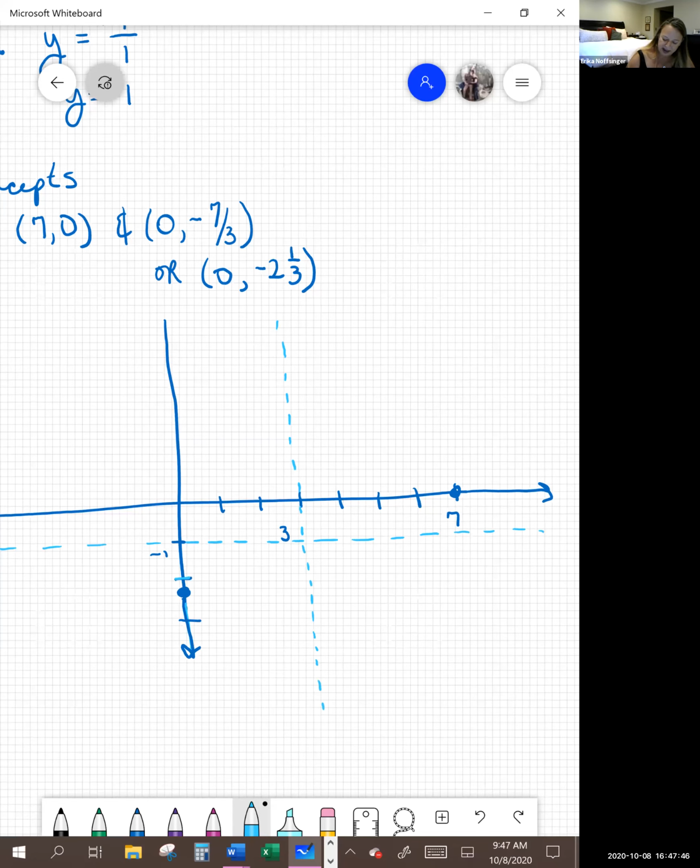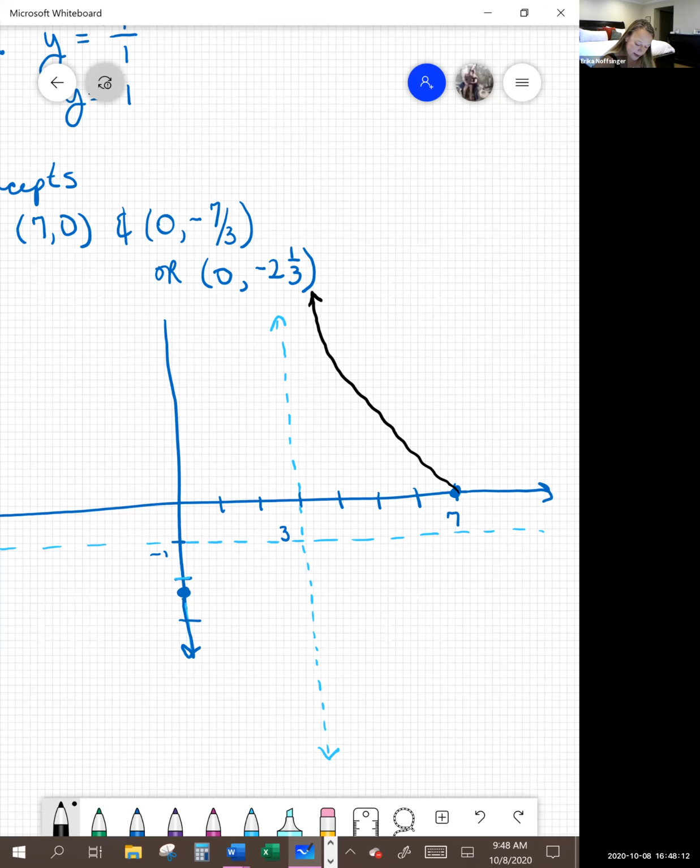So pretty much I actually know exactly what my graph is going to look like because of those 2 points that we found and those asymptotes. This graph has odd multiplicity, so the graph is going to cross and it's going to start hugging this.